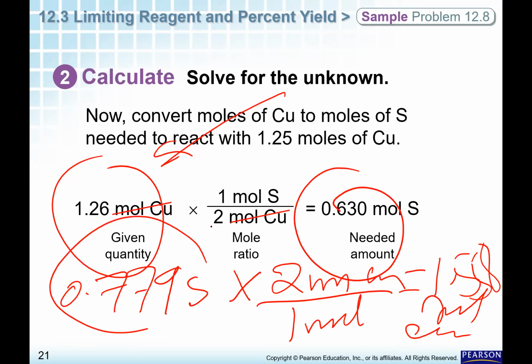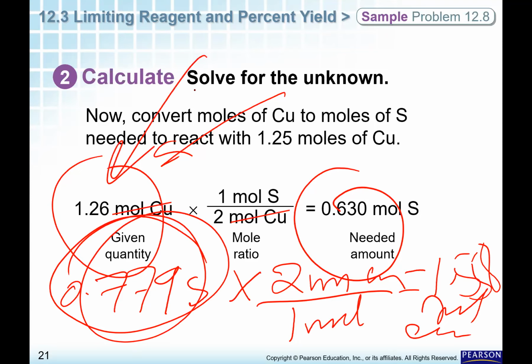Even for me to consume all the 0.779 moles of sulfur, I need 1.55 moles of copper, which I don't have. This again indicates that the sulfur is the one which will remain in excess, and the copper is the one which will be consumed first.